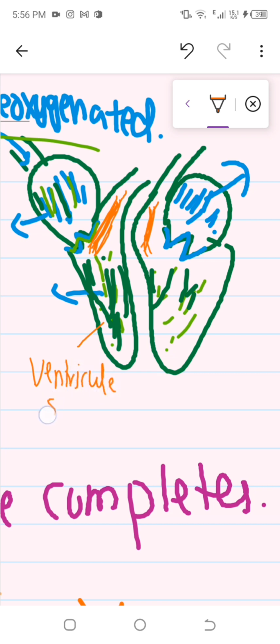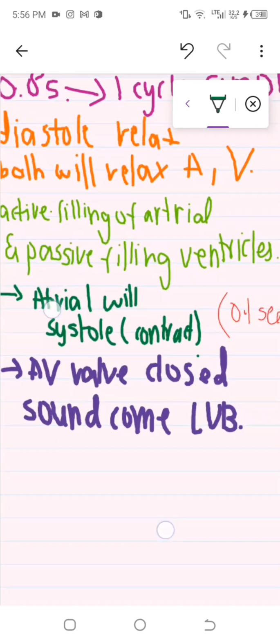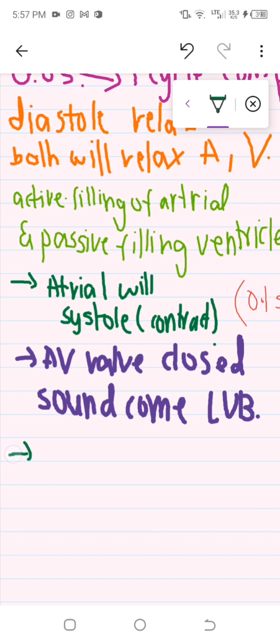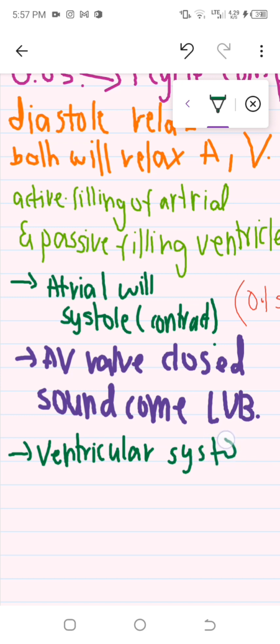Ventricular systole means contraction of the ventricles.